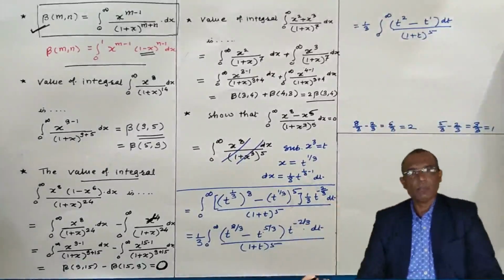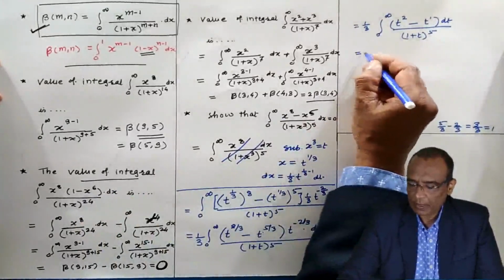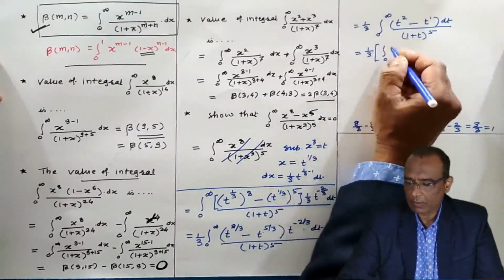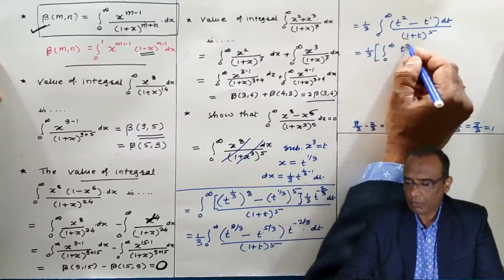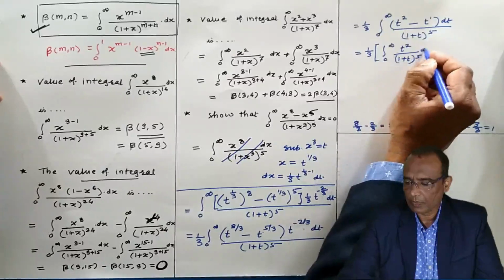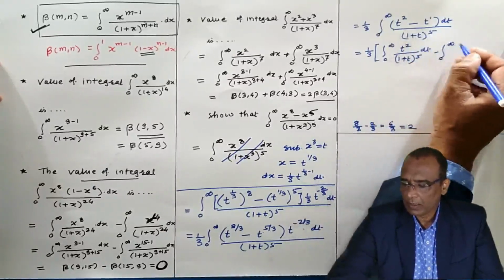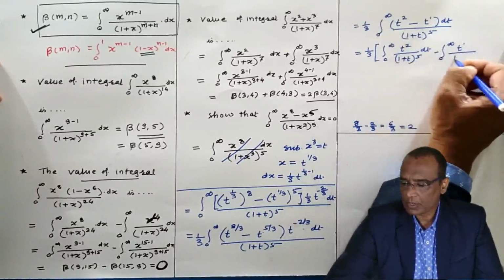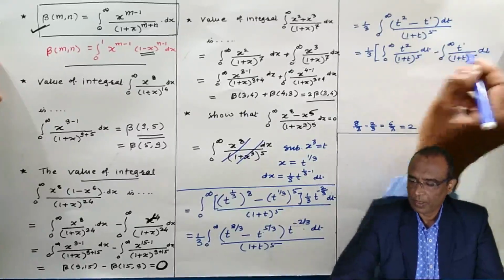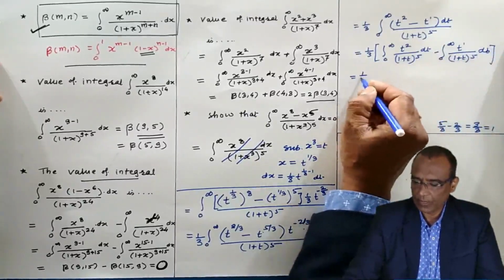Now this has become very simple. Separate the integral sign: t power 2 by 1 plus t power 5, minus integral t power 1 by 1 plus t power 5, bracket complete, because outside of the bracket 1 by 3 is there.